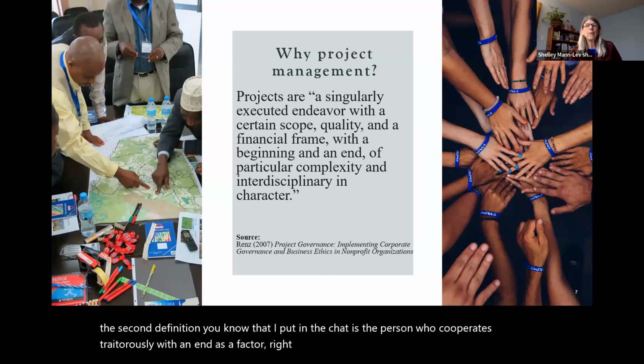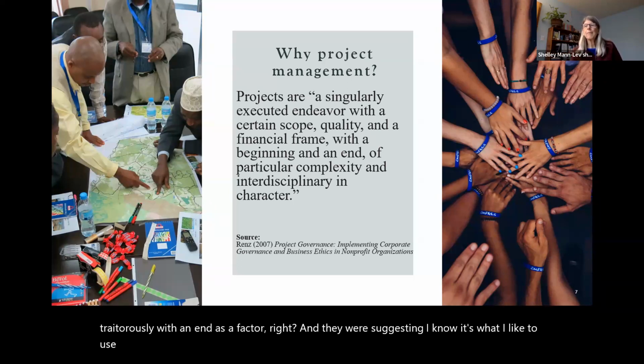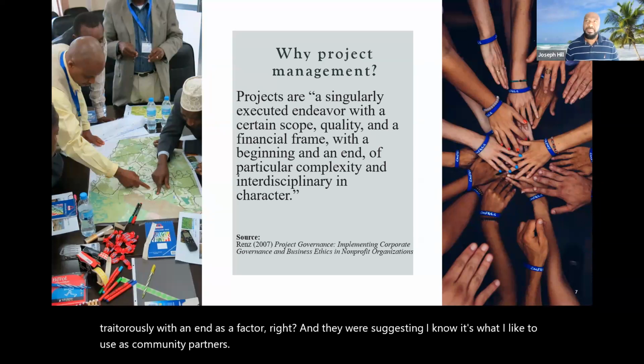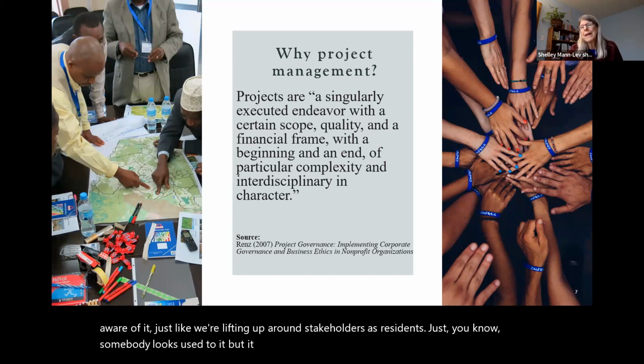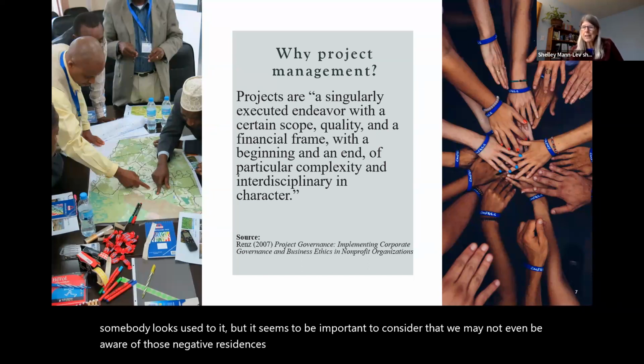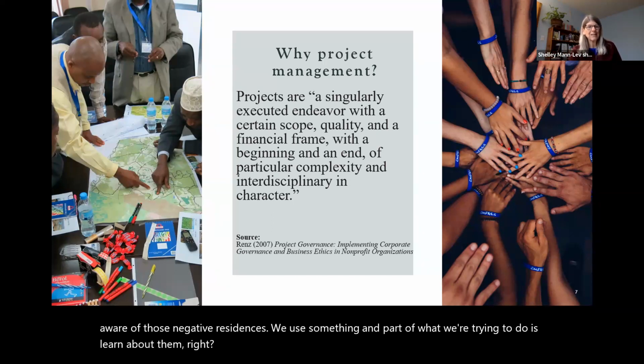And they were suggesting, and I know it's what I like to use, is community partners, but I do think we need to consider in all of our communities that there are resonances with certain populations, even if we're not aware of it, just like we're lifting up around stakeholders has resonance. So many of us are used to it, but it seems to me important to consider that we may not even be aware of those negative resonances when we use something, and part of what we're trying to do is learn about them, right? So I appreciate the conversation.